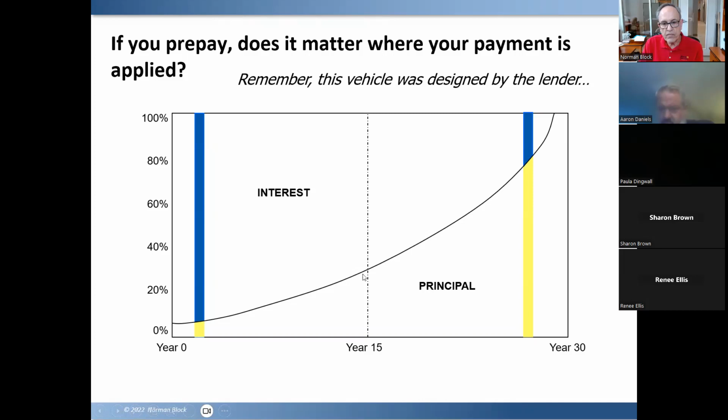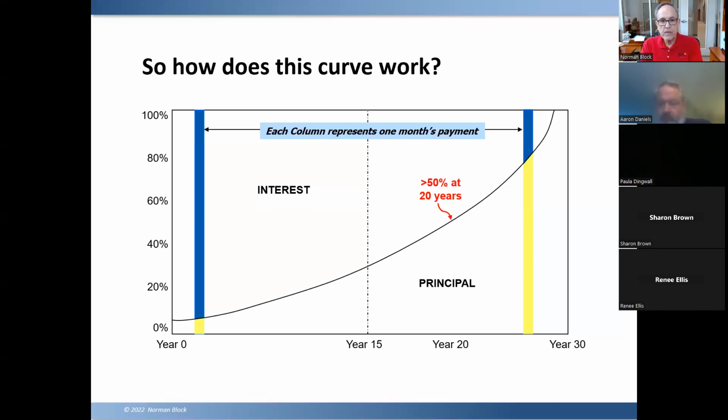And this curve that you see on this graph is an approximation of the loan payback line for a self-amortizing 30-year loan. And you'll notice that that line is not straight. That's on purpose. It's not supposed to be straight. It's designed by bankers to work for bankers and to work in their favor.